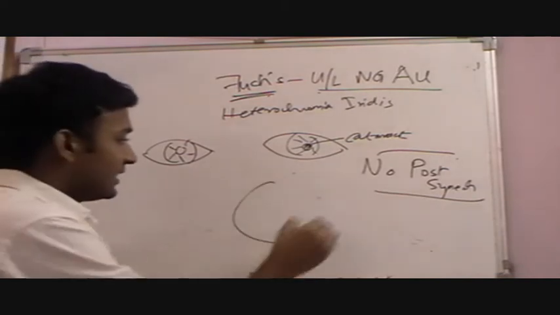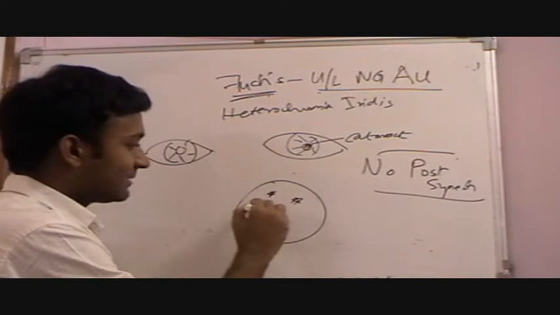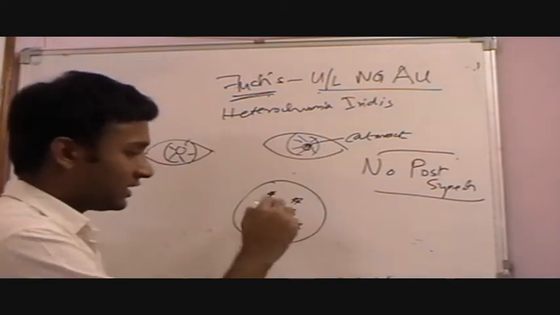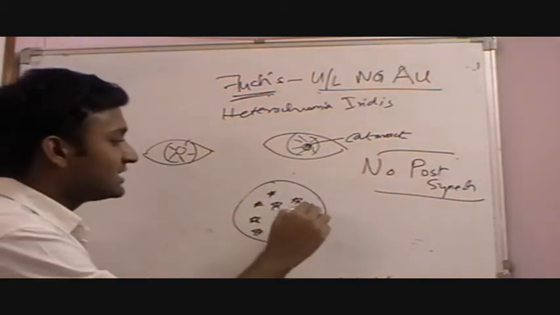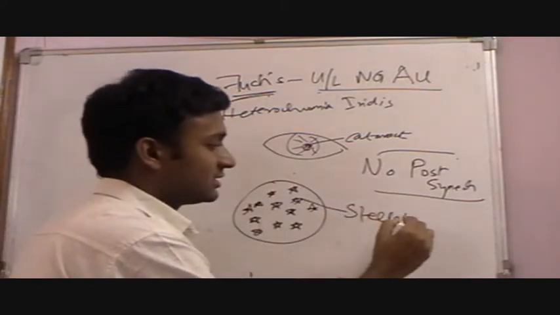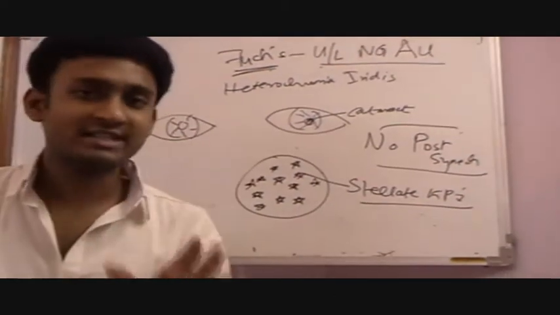See, this is the cornea from the front. I can see some star-shaped keratic precipitates. These are fine. They don't form this RLS triangle. They are diffusely spread. These are the stellate keratic precipitates. And in Fuchs, a very important sign is there.